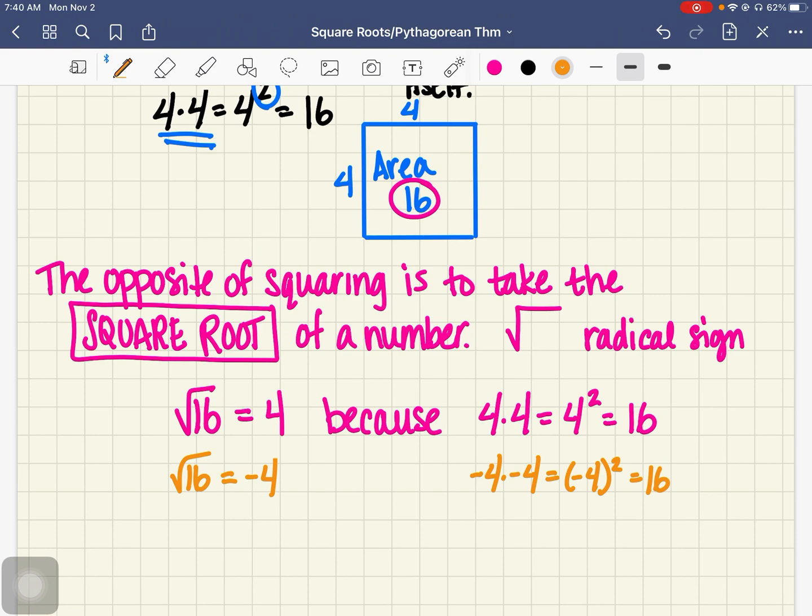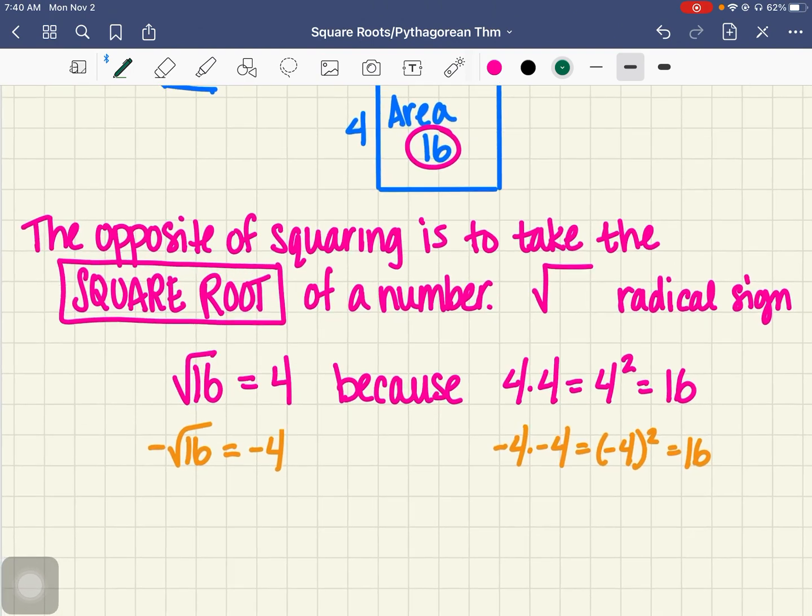Because if we're working backwards, it could be 4, but -4 works too. What you're going to rely on is what they write out front. In the problem, if they put a negative sign out front, then write the negative answer. If there's nothing out front, it's positive, just like we don't write the positive sign in front of a number.